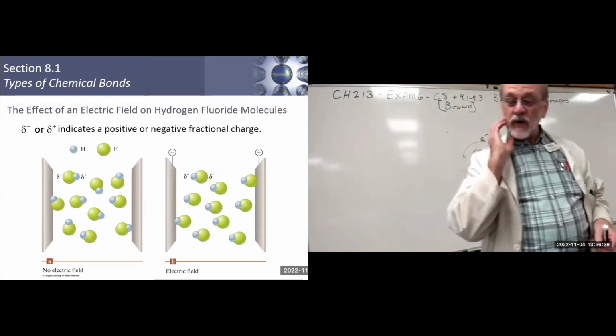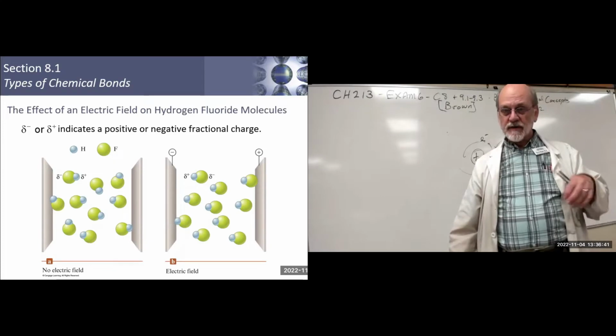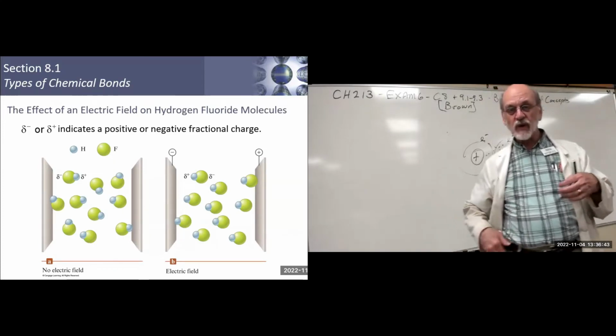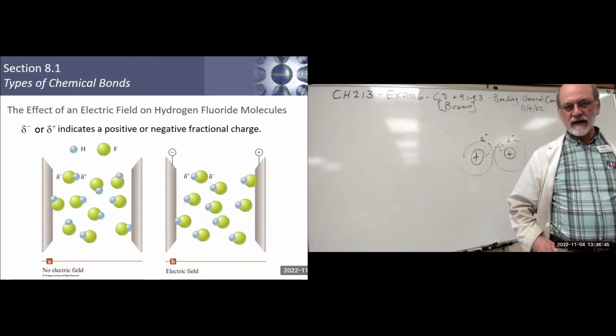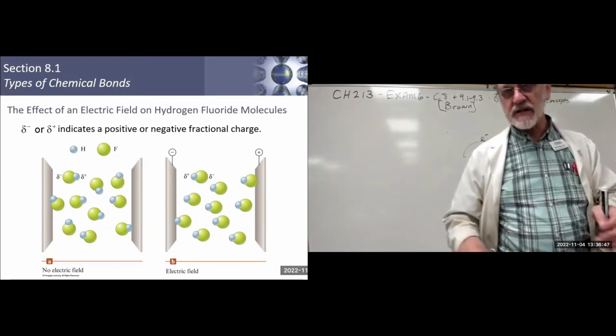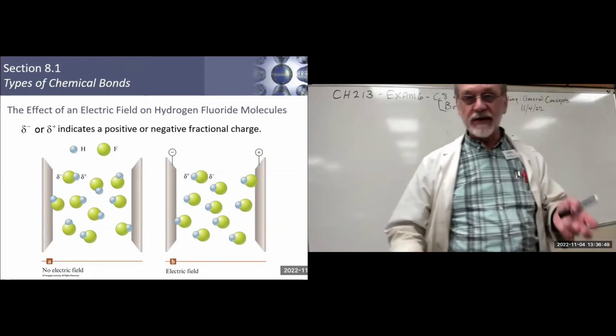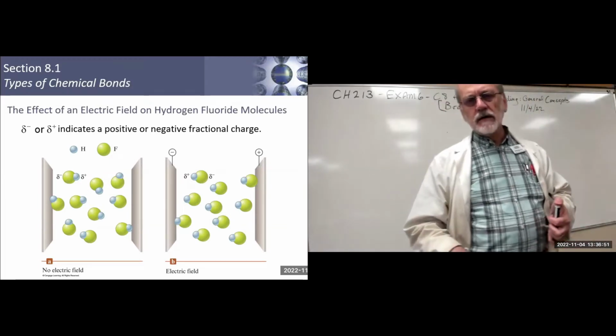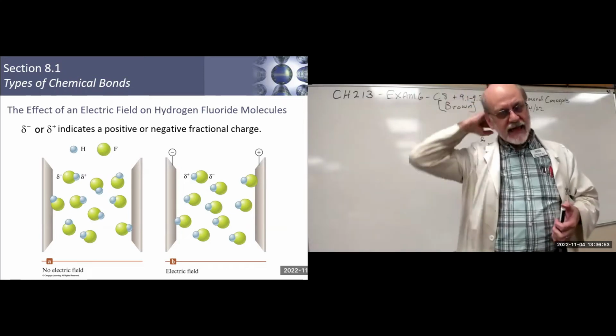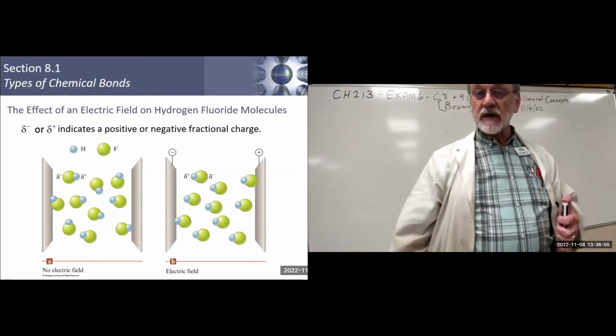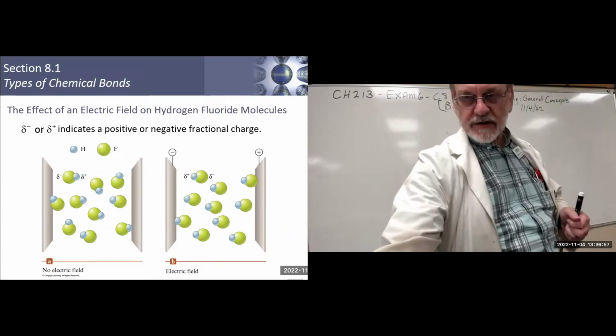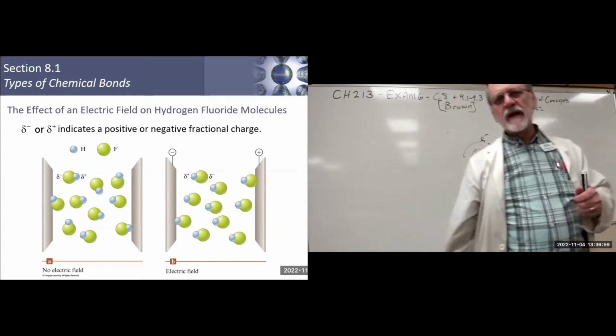Okay, we can actually measure the magnitude of this polarity. The technology is very advanced and probably expensive, but it can be determined what is the polarity of a particular bond.